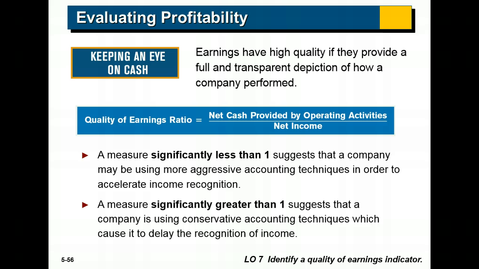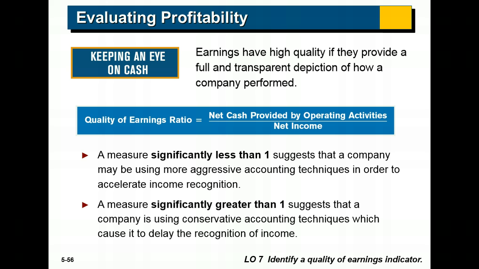So keeping an eye on cash, earnings have high quality if they provide a full depiction of how companies performed. A measure significantly less than 1 suggests a company may be using more aggressive accounting techniques in order to accelerate income. A measure greater than 1 suggests the company is using conservative accounting techniques.